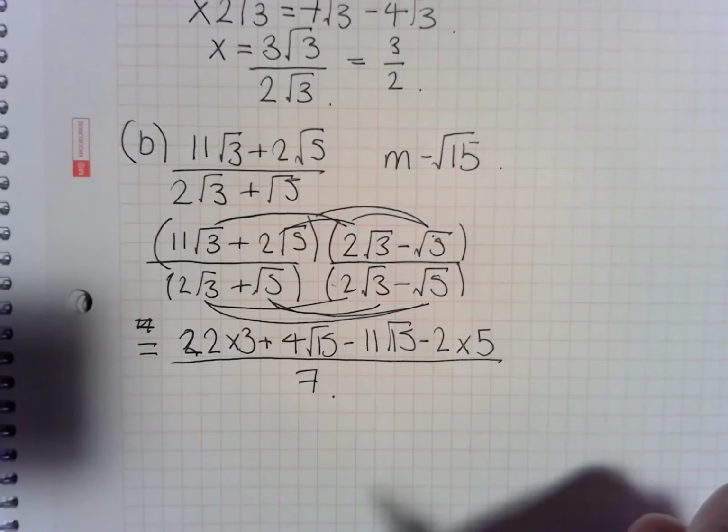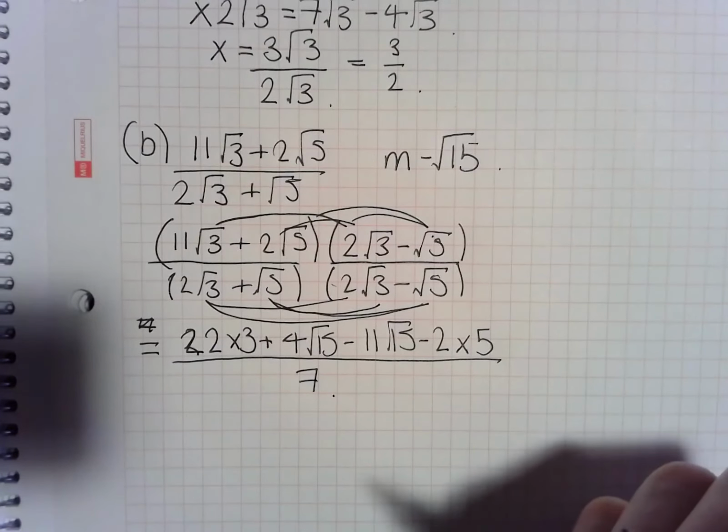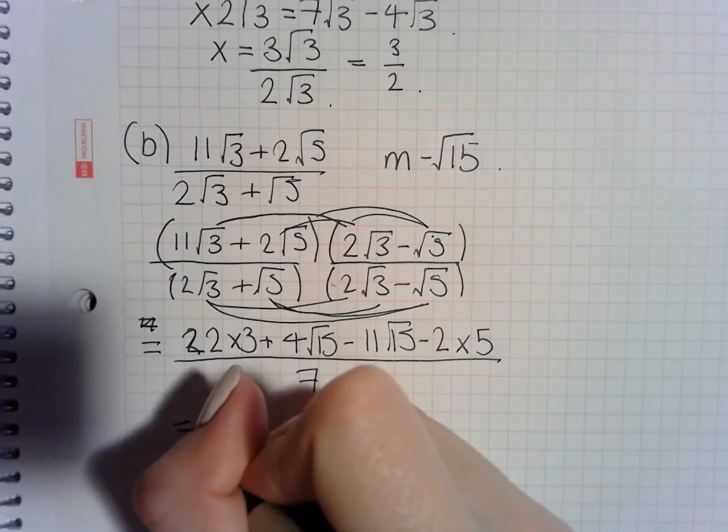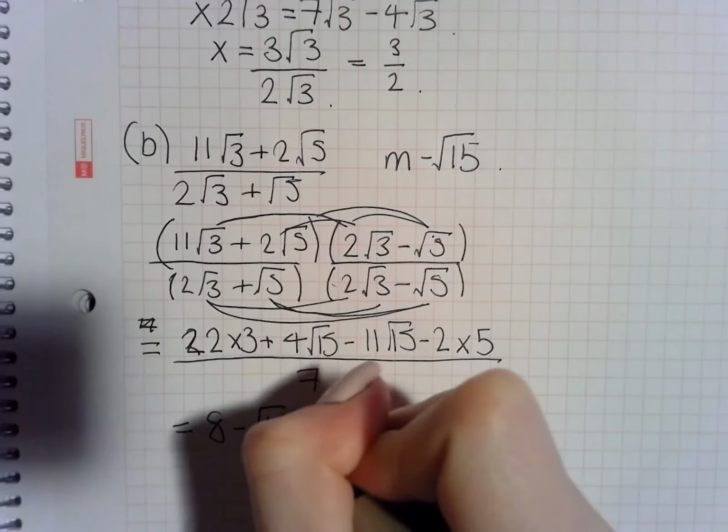I'm not going to do it because it's not that hard. And obviously m has to be an integer, remember, it can't be a fraction, but in the end we get 8 minus root 15, so m was 8.